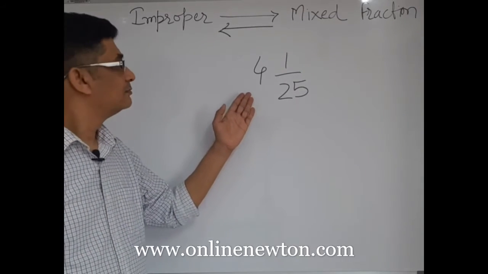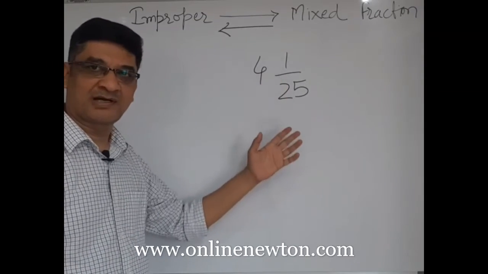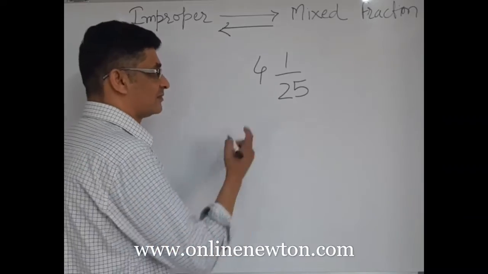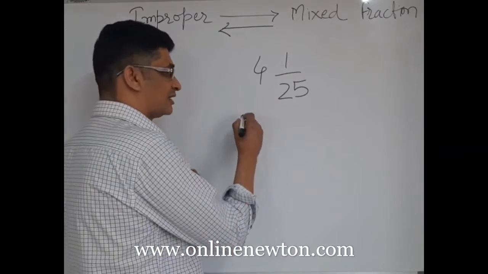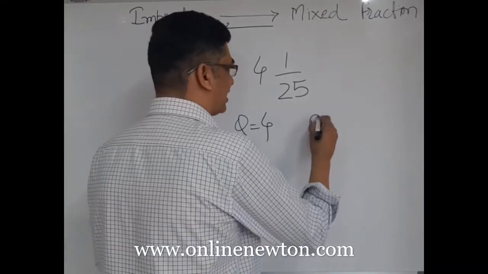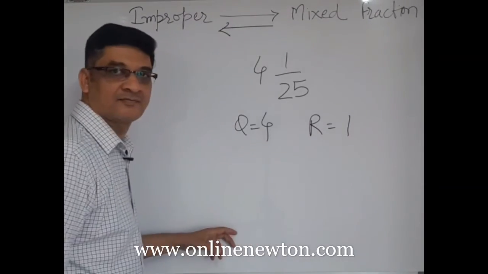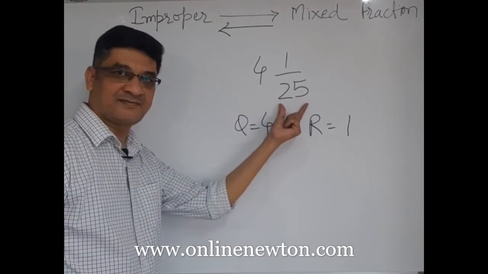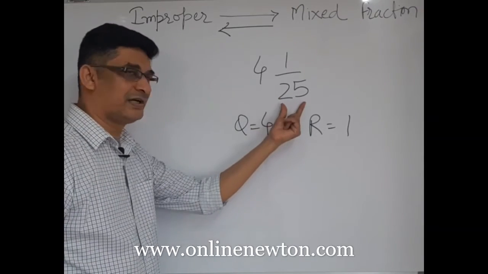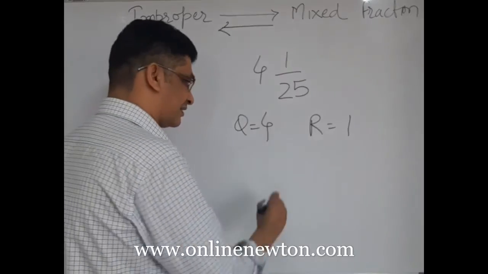We have a mixed fraction, 4 integer 1 by 25. We have to convert it into an improper fraction. So in this, the quotient part is 4 and the remainder part is 1 and divisor is 25. So we simply multiply this 25 with the quotient first. 25 into 4 is 100.